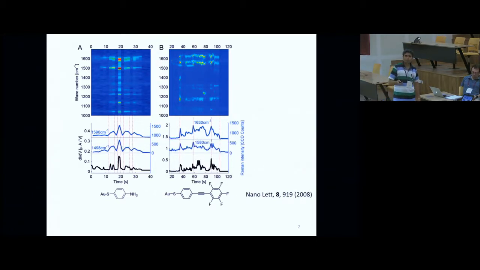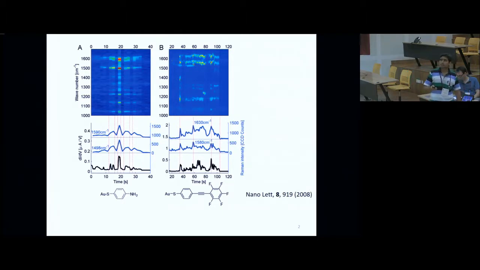When the junction is formed, they observe the current through the system, and at the same time they shine light to enhance certain vibrational modes, the ones which are absorbing most of the light. When these modes are excited, they see that the conduction also goes up. So dI/dV is the conduction, and this is the optical response. There is a nice correlation between the molecular vibration and the conductivity of this molecular junction.